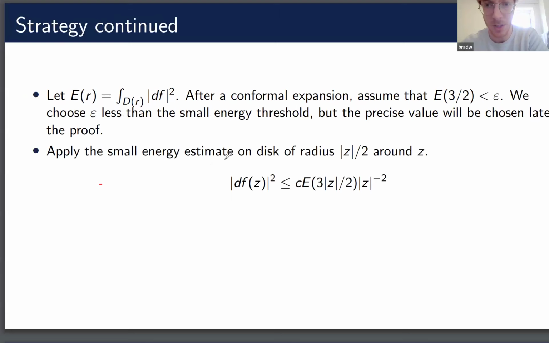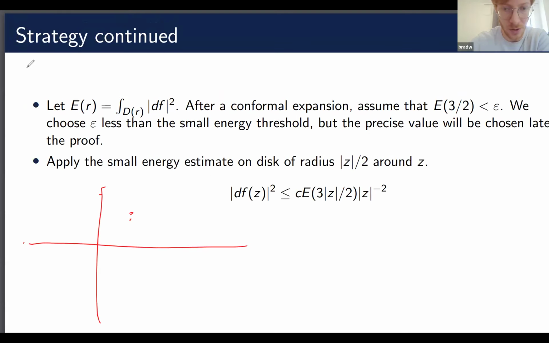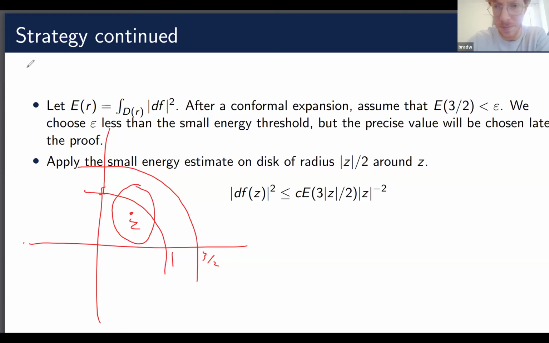So if we apply this small energy estimate on the disk of radius norm of z over 2 around z, let me draw a picture quickly. The situation is something like this. You've got z out here inside the ball of radius 1, and then outside of this you've got the ball of radius 3/2, and we're drawing a disk around the z here.